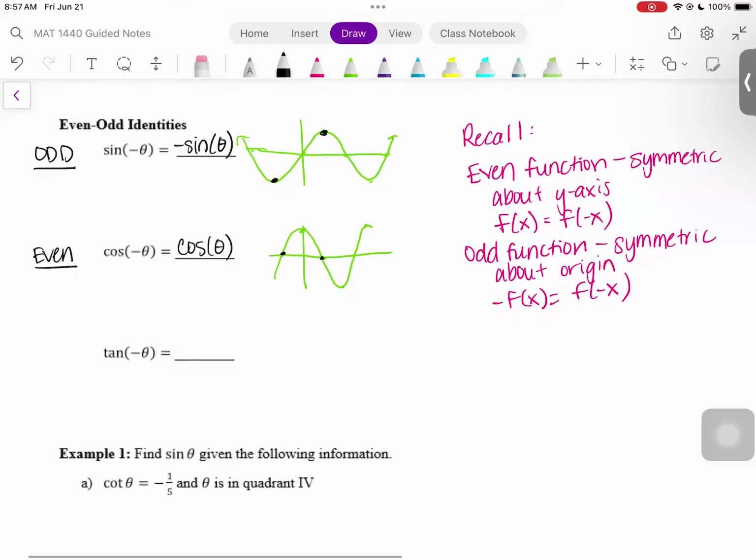And then our function for tangent, sketching that parent function. Tangent we know has vertical asymptotes at negative pi over 2 and pi over 2. And then we have that cubic-like function going through the origin.